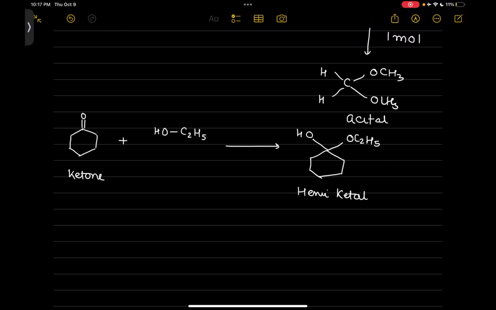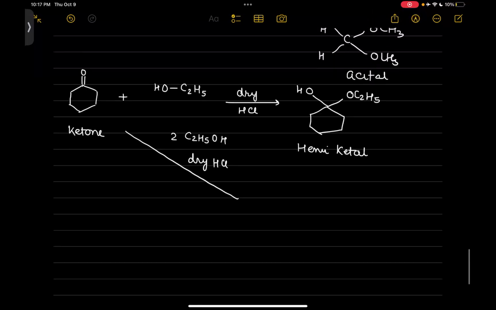And if you react with 2 moles, you need to take dry HCl, which acts as a catalyst. What are we going to get?